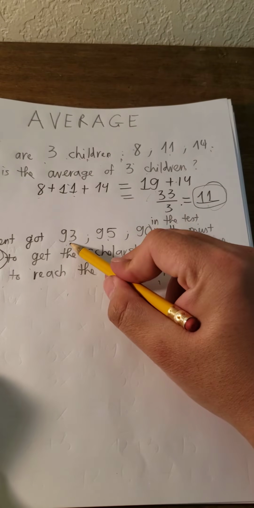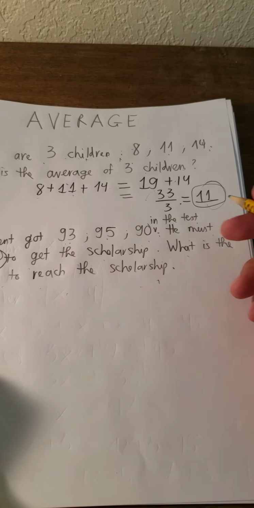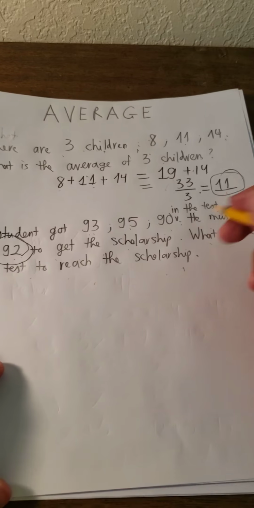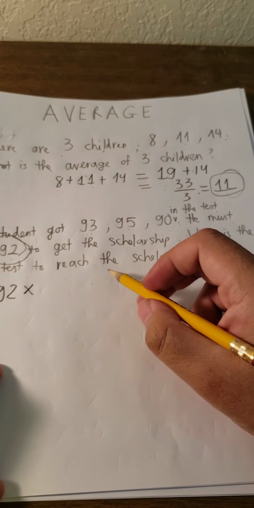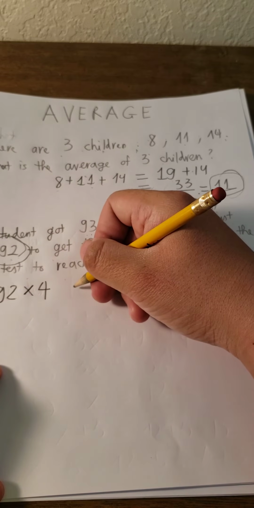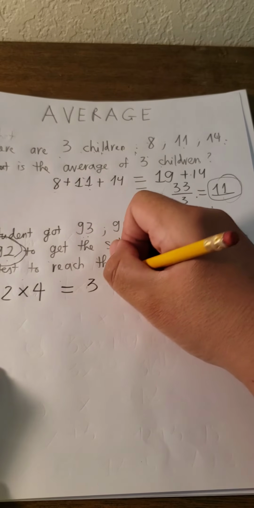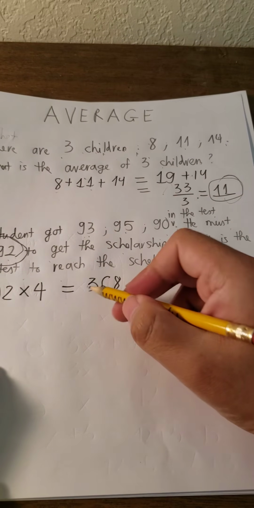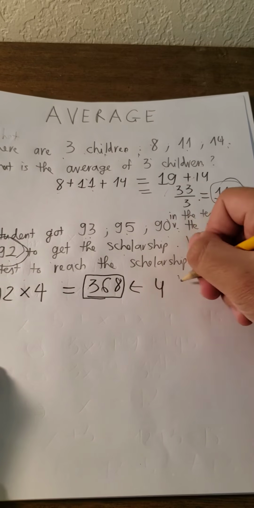But we have the scores on 3 tests. So the next test is number 4. So we need to find test number 4: 92 multiplied by 4. We have 368. That's the total of 4 tests.